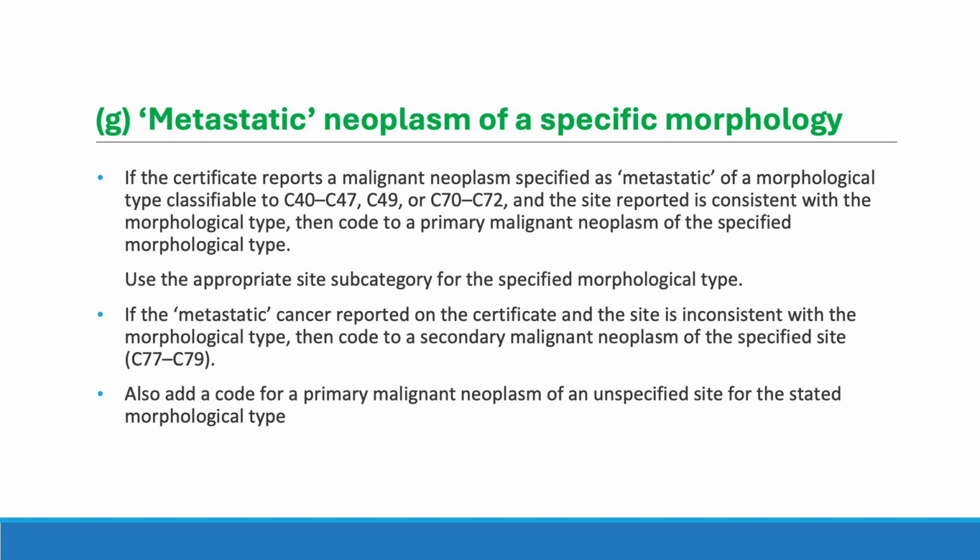If the metastatic cancer site is not consistent with the morphological type, it should be coded as a secondary malignant neoplasm of the specified site, that is C77 to C79. Additionally, a code for a primary malignant neoplasm of unspecified site should be added for the stated morphological type.